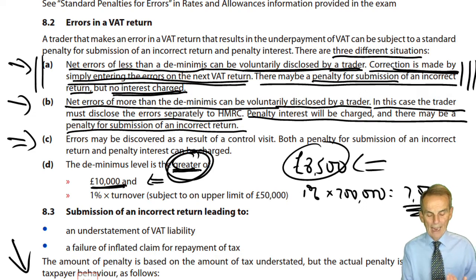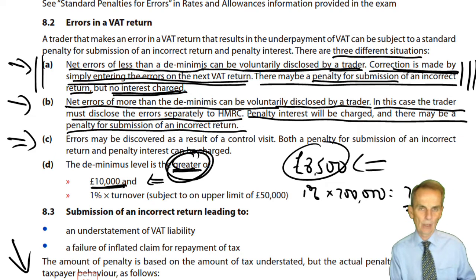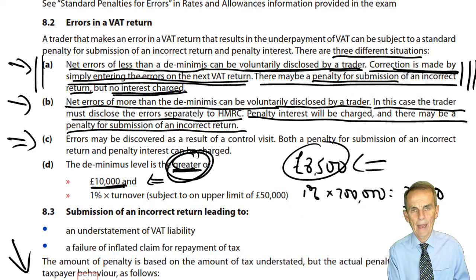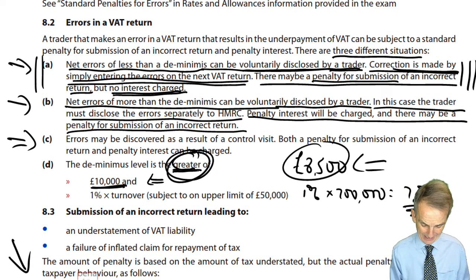So, we've now determined that given the level of the error, we can voluntarily disclose it. All we have to do is to put that through on our next VAT return, and that there'll be no interest charged in relation to this. But what about the penalty here in relation to what has happened?